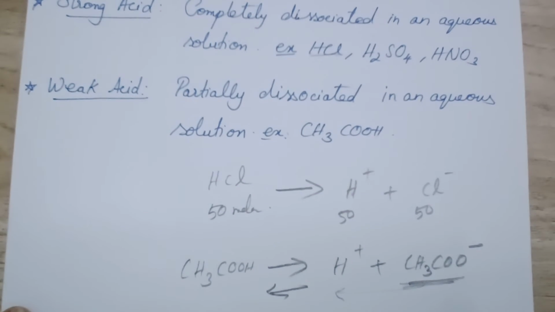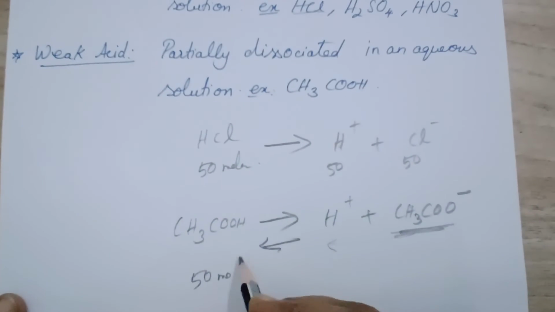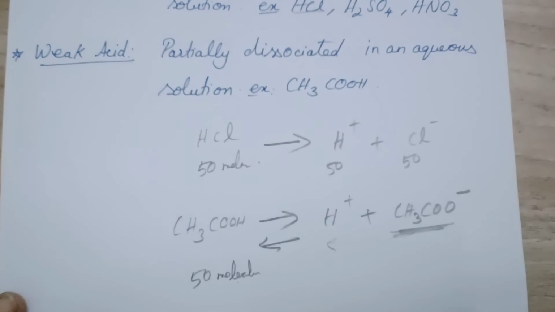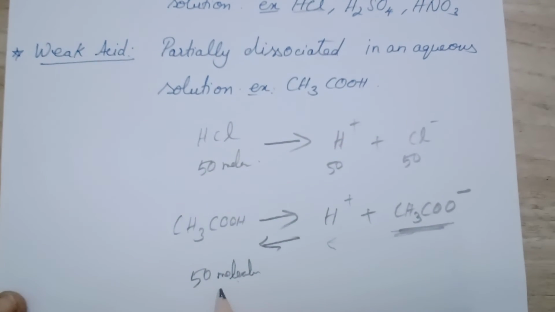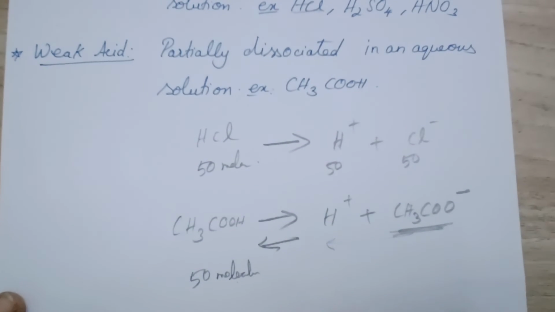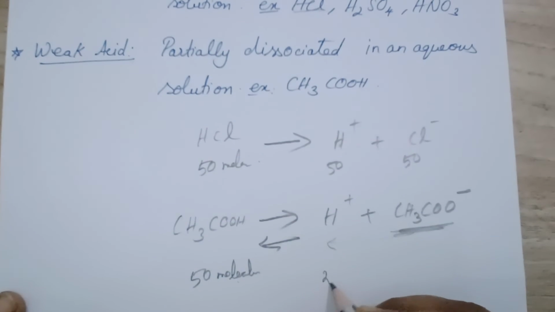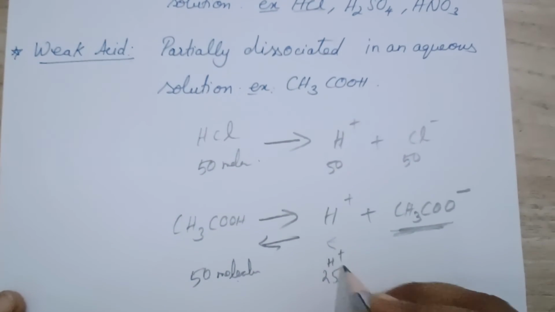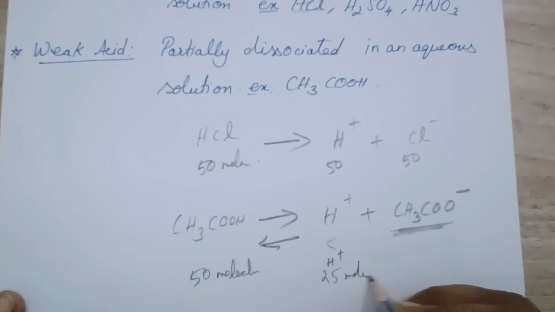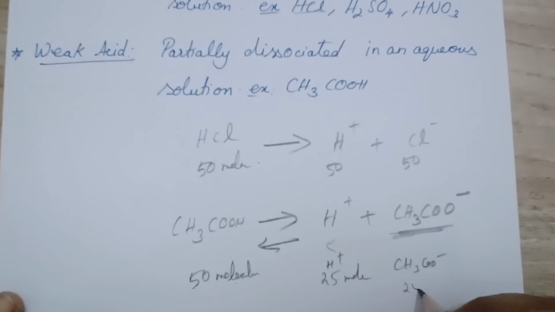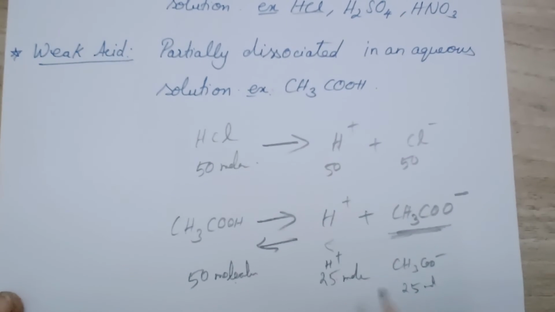Clear on this? Here, for example, 50 molecules of acetic acid are present, which means it is not fully dissociated. For example, only 20 to 25 molecules of H+ ions are formed, and CH3COO- is also 25 molecules. Not fully.